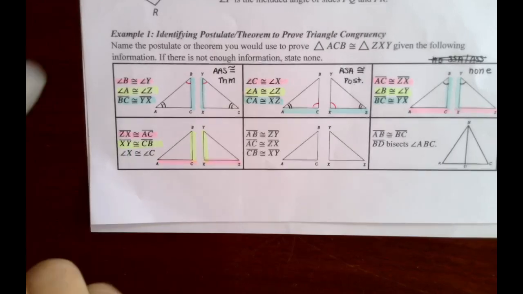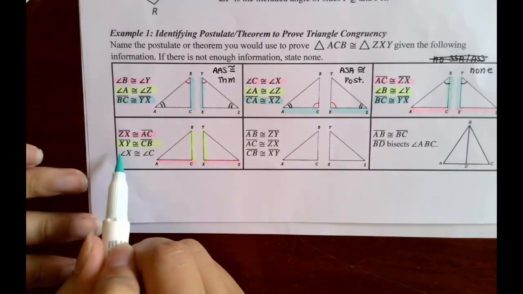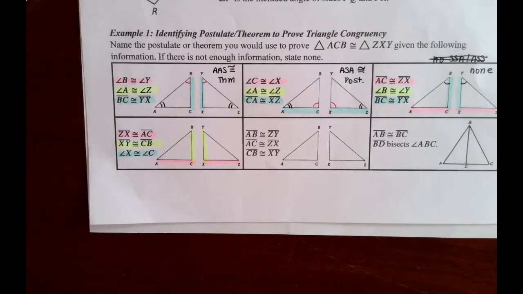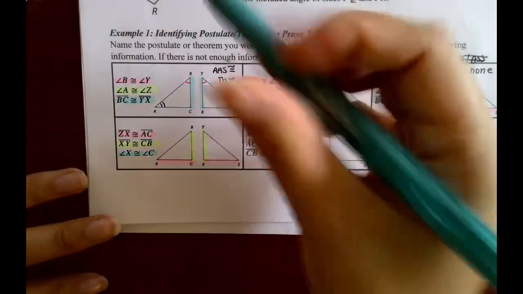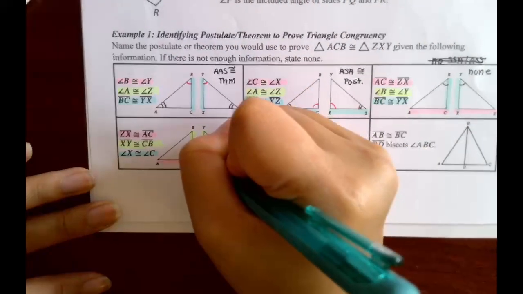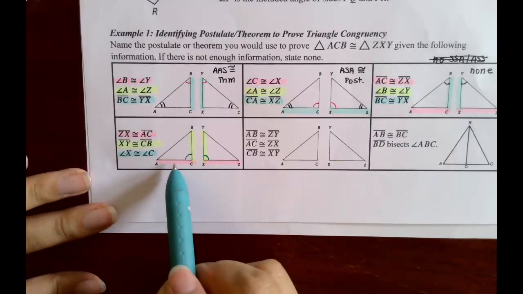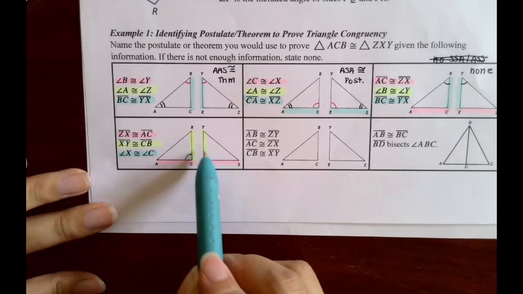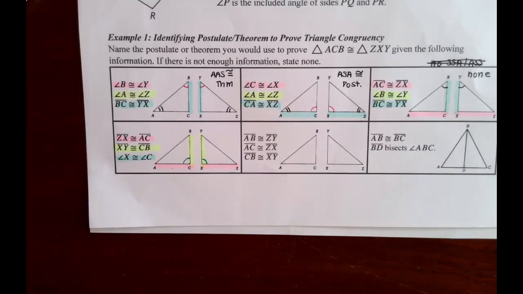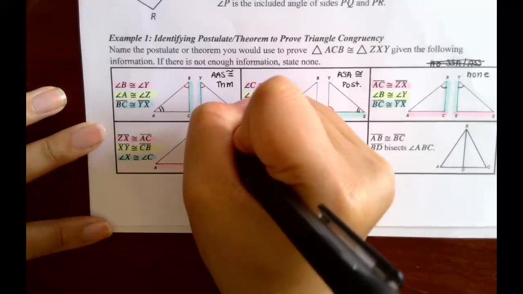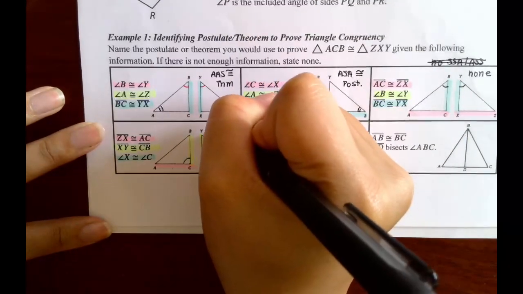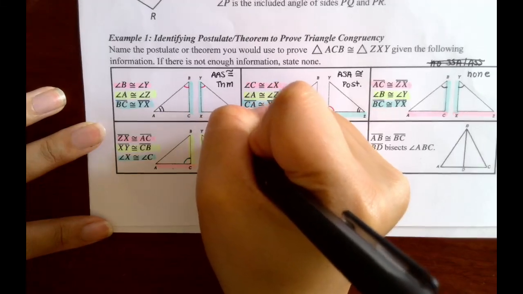And then we have angle X is congruent to angle C. So angle X is here, is congruent to angle C. And so this going in order is side, angle, side, right? Side, angle, side. And so do we have a side, angle, side? Yes, we do. So this is proven by the side, angle, side congruence postulate.